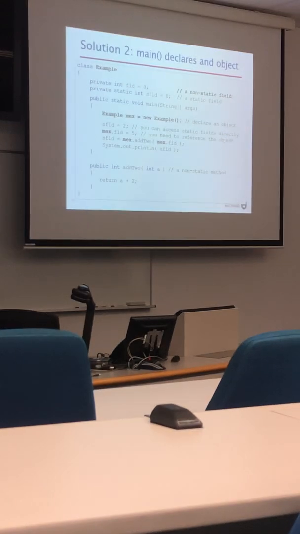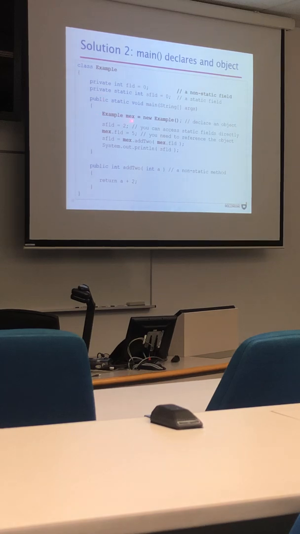So this is the example. Suppose I have a class called Example. Inside the class, I have two fields. One field is non-static, the field, and the other one is static, sField, right? So inside the main method, if I want to access the field, I need to construct an object of the current class.